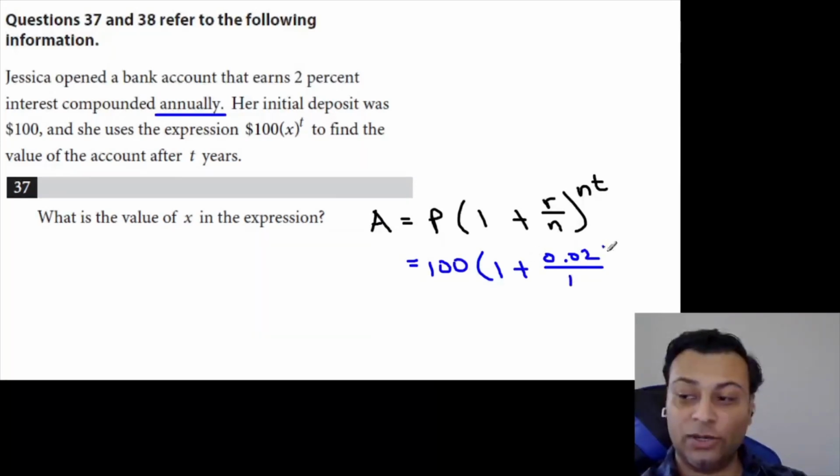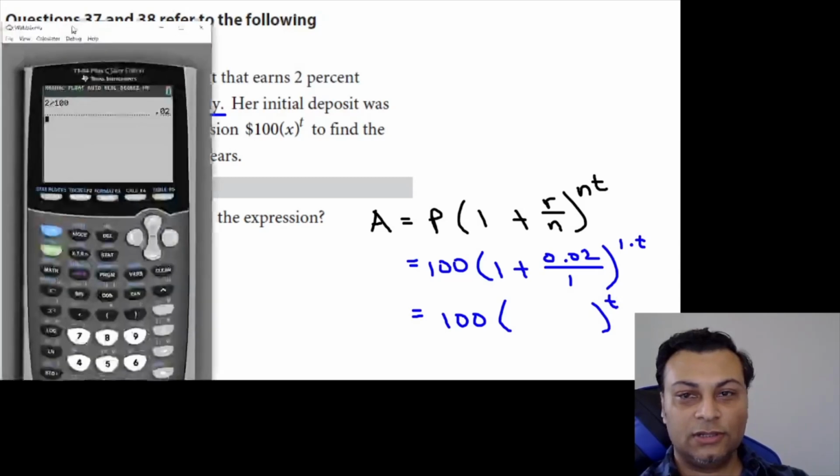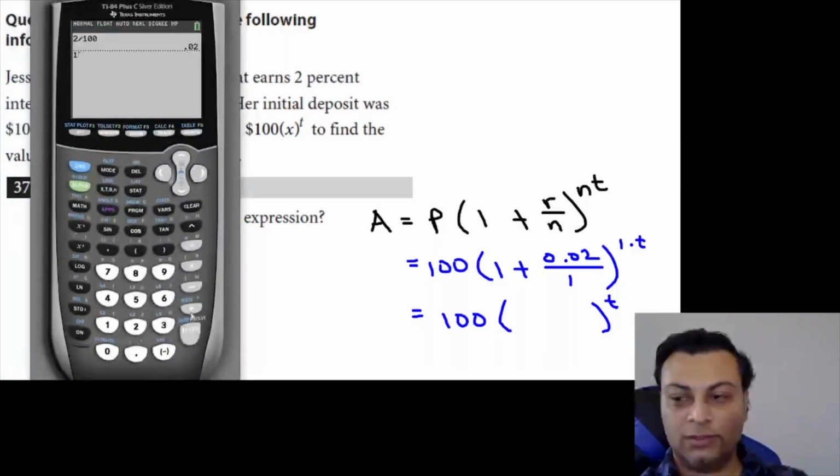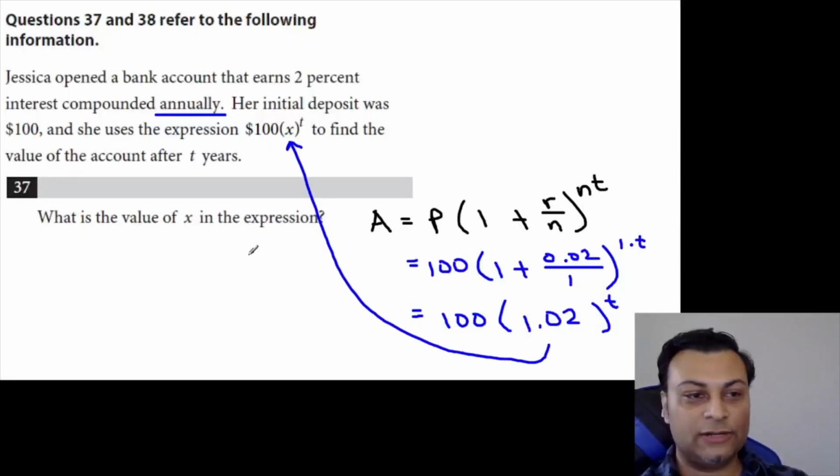So n is going to be 1, and then you have t. This is why you end up with 100 and a t on the outside. And all I have to do is figure out what this is. If you put this in a calculator, you get 1 plus 0.02 divided by 1. It's 1.02. And that's the value for x. So final answer 1.02.